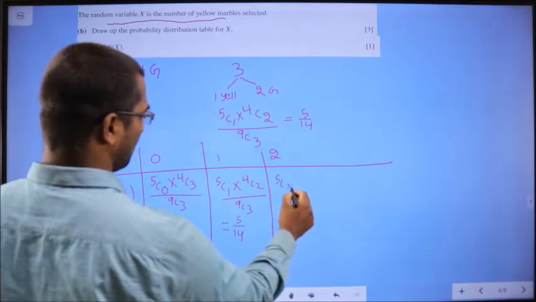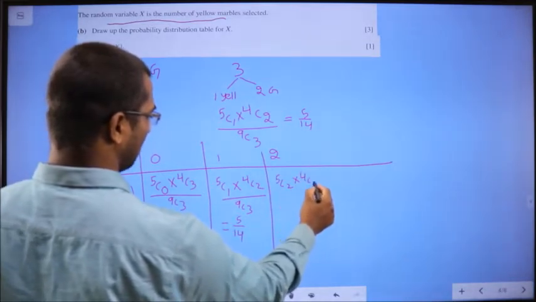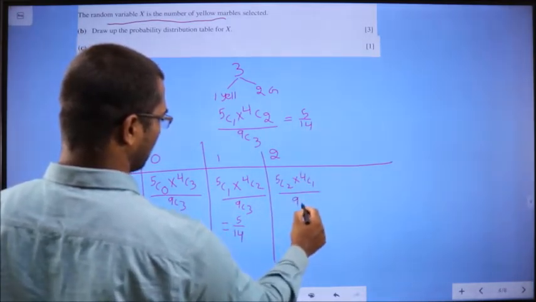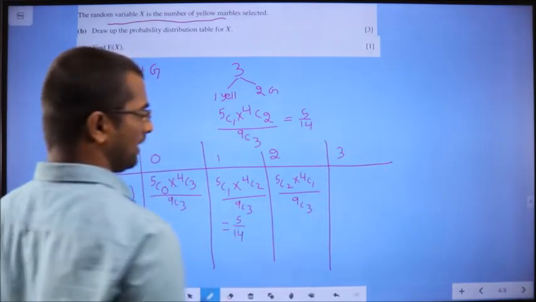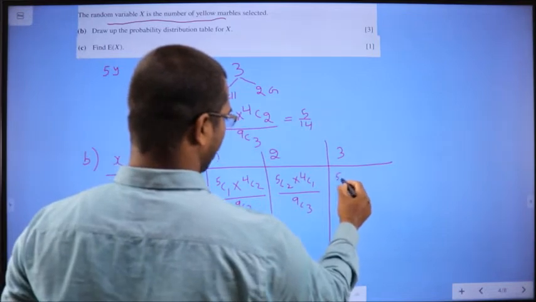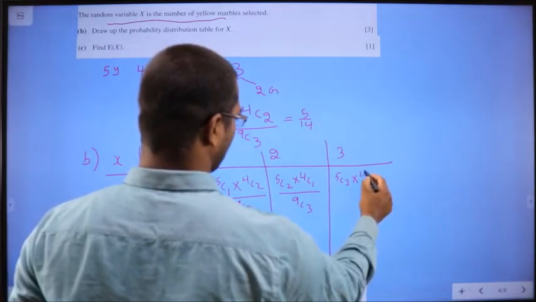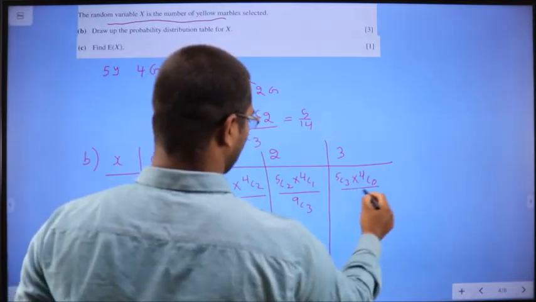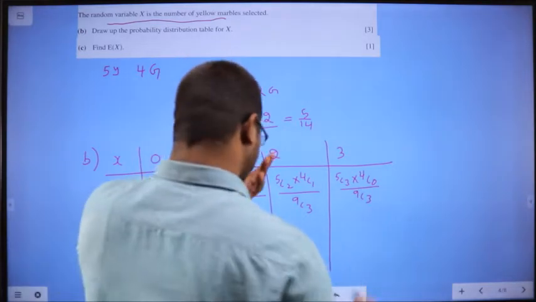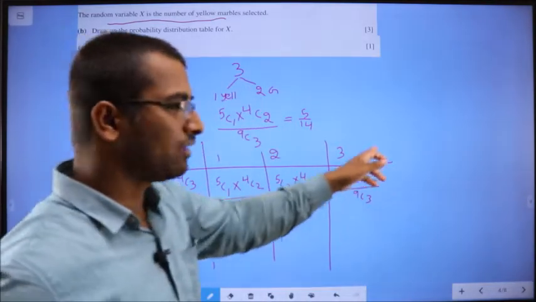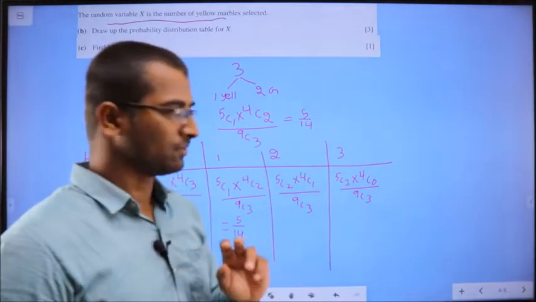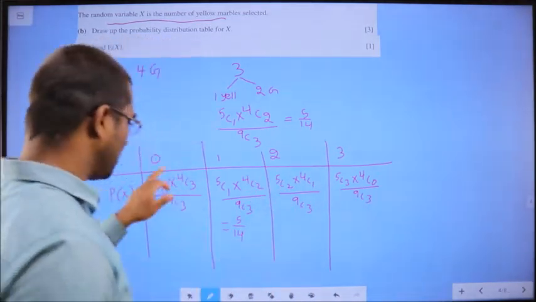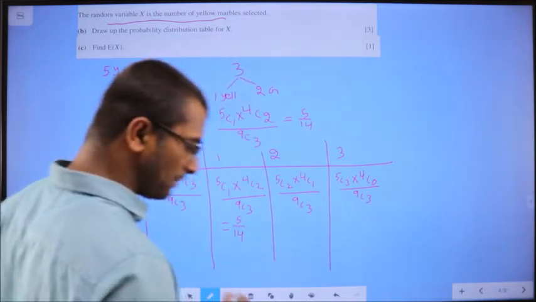So 5C2, the other one has to be a green one, by the total. Next, let us say you are taking out three yellow. So it will be 5C3 into no green by 9C3. Okay. X value will not become 4 because you are selecting only 3. Okay. So put this in the calculator, you get 1 by 21.